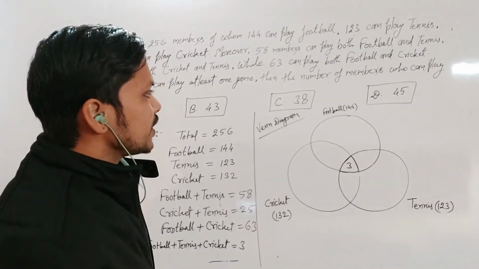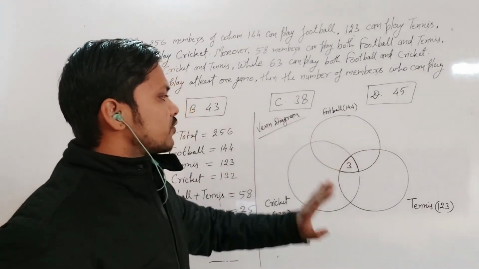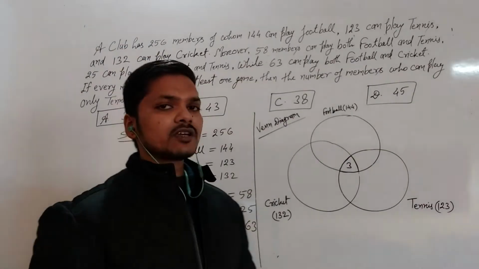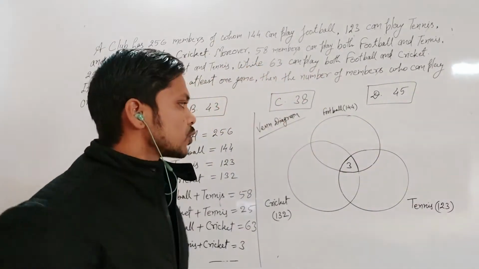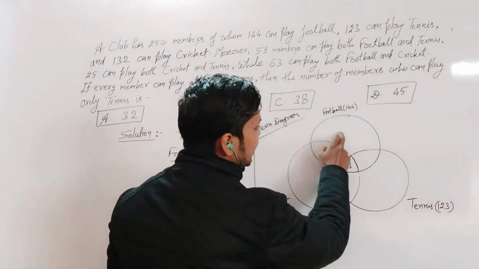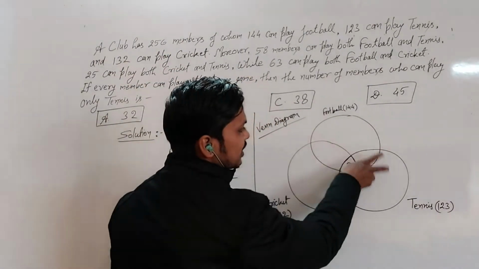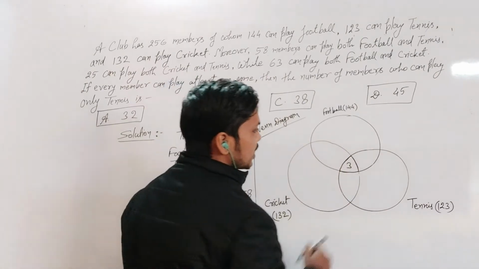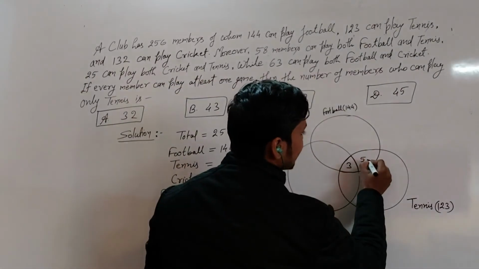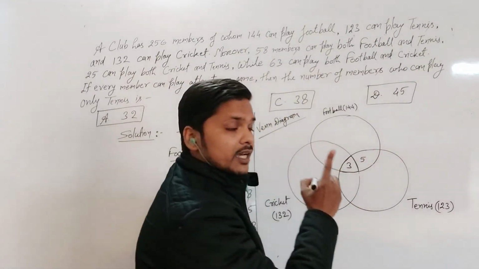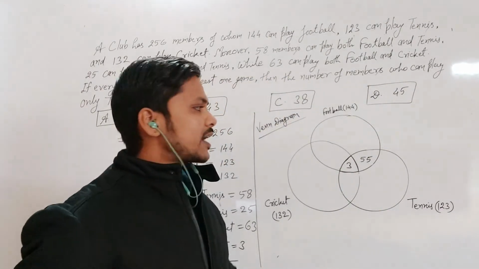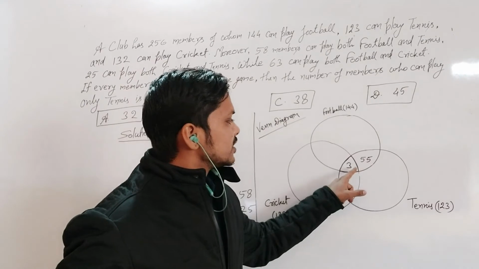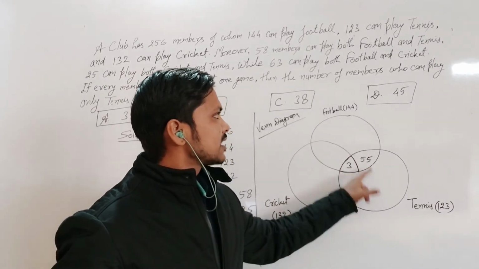Now if we talk about football, so in football how many players are playing football and tennis? That are written here total 58 players. So football and tennis, these are the 2 diagrams for football and tennis. So here we have to write 55, not 58, because if we write here 58, so this 3 is also coming under tennis and football.